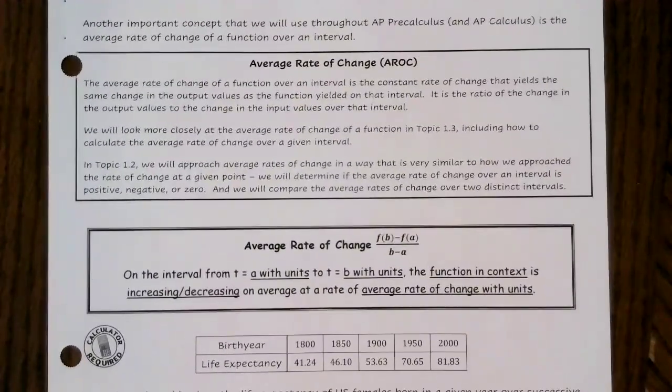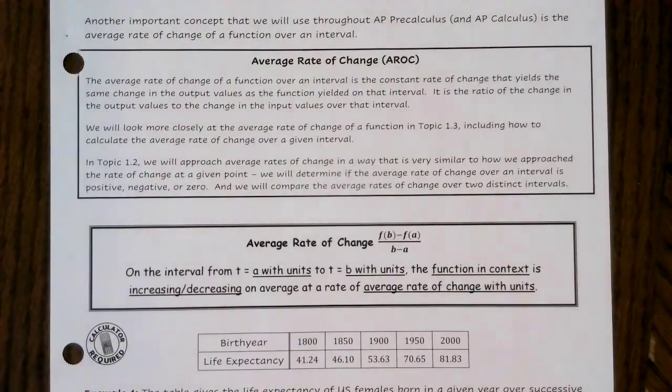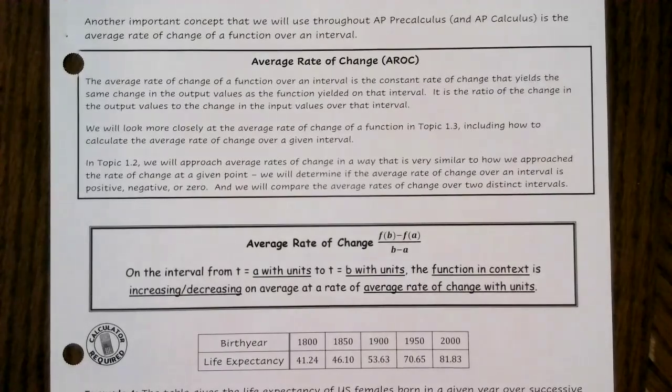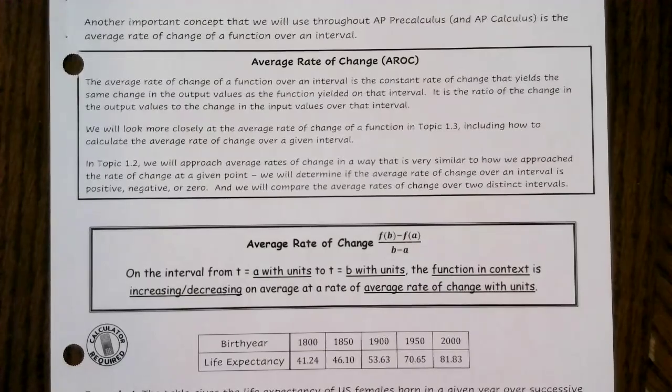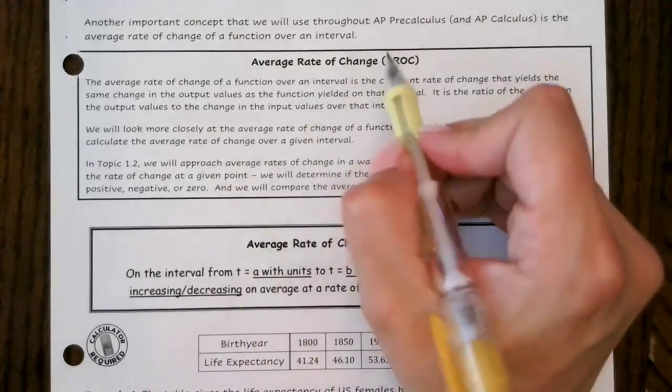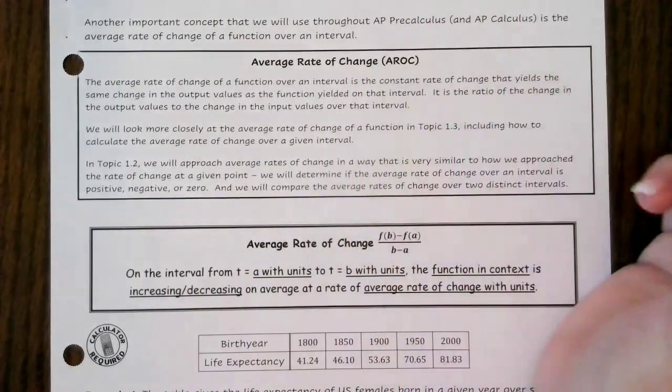All right, so let's keep talking about average rate of change. Another important concept that we will use throughout AP Pre-Cal and AP Calculus is the average rate of change of a function over an interval. So now we're not talking about just that one point. That's the difference between the rate of change and the average rate of change, which we see here is the AROC.